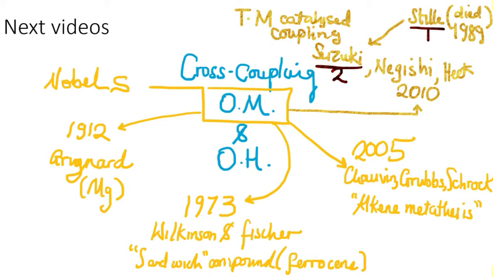Depending on the metal used, and at different temperatures, you could favor one type of halide compared to the other type of halide in this process. So that's about it for this particular video. Hope you're able to understand this.